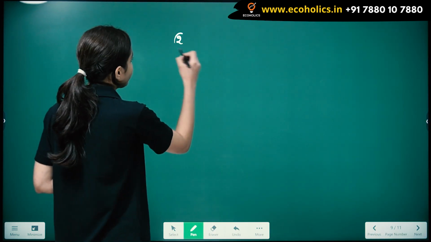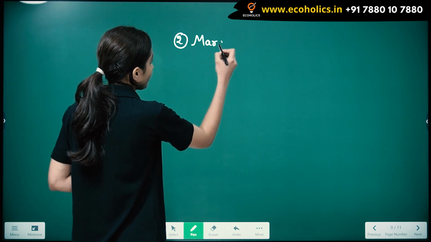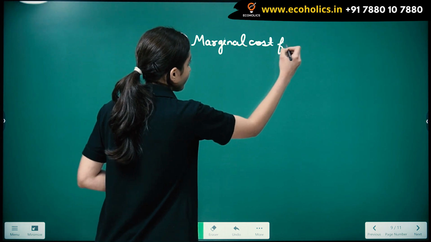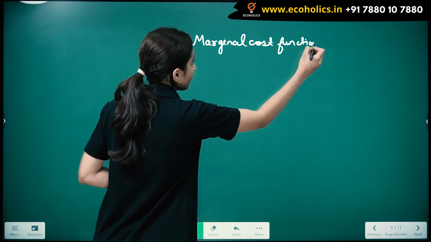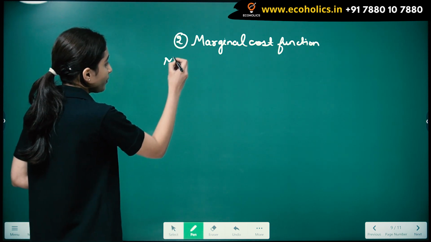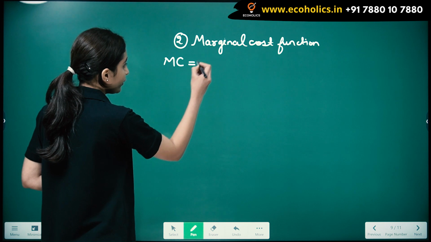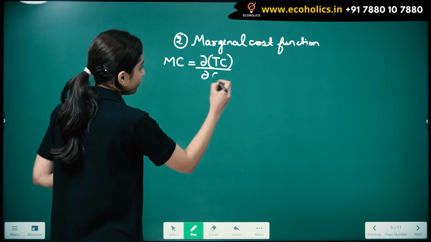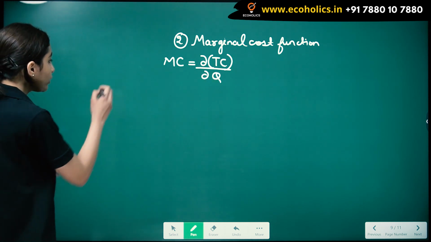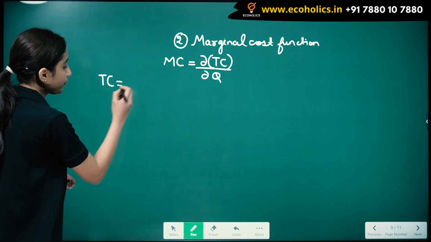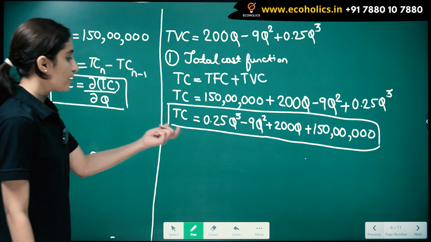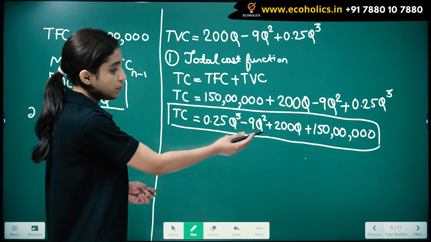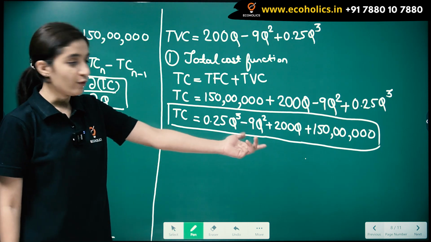Second, marginal cost function. Marginal cost is equal to differentiation of total cost with respect to Q. Our total cost, from our previous slide, is 0.25 Q cube minus 9Q square plus 200Q plus 150 lakhs.